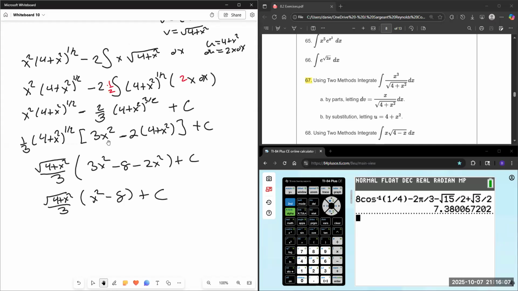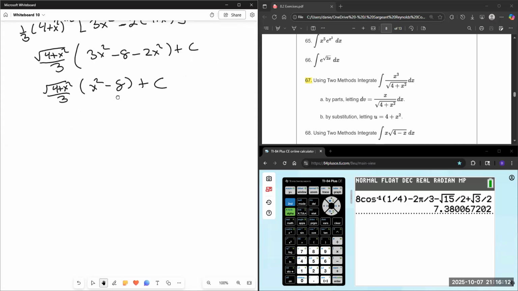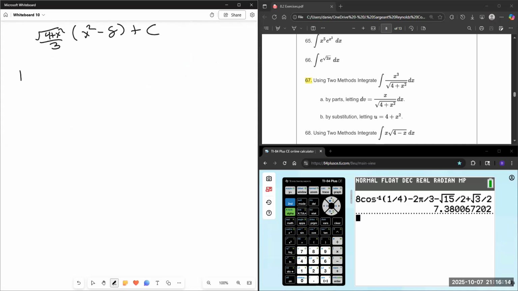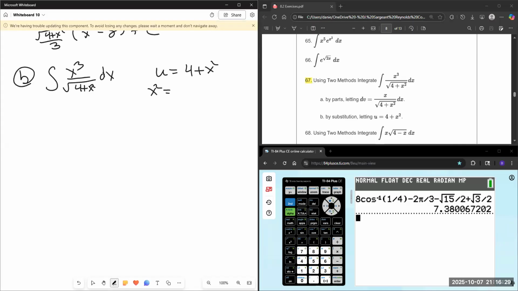Now let's see if we can get the same answer with a different technique in part B. So again, starting with the integral of x cubed over root 4 plus x squared dx. This time we're going to let u be equal to 4 plus x squared, and we'll say x squared is equal to u minus 4.